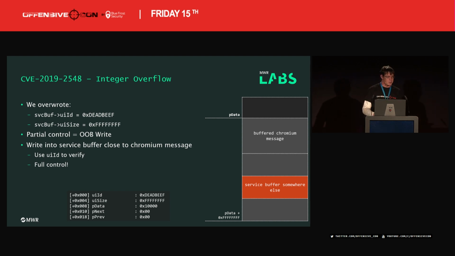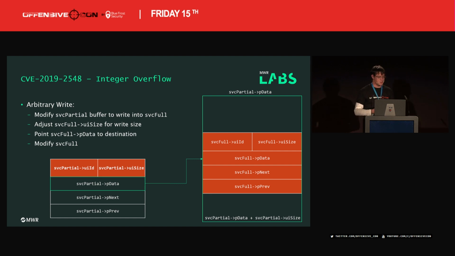Now, eventually what will happen is if we manage to get one of these, then we can fully control it. We write into its ID, we overwrite p-data, and we have an arbitrary write primitive. So this is typically what our configuration looks like at this stage. We have a partial control buffer, which is sufficient to fully control another buffer.